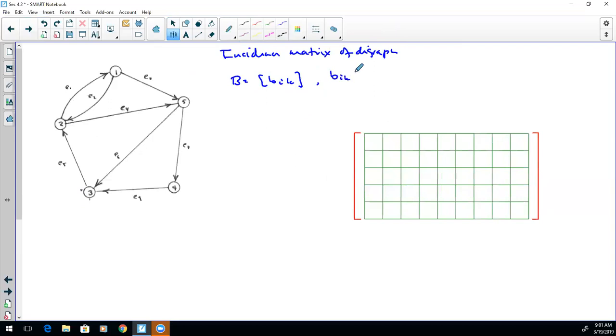And B sub i k is going to be -1 if edge k starts at vertex i, it's going to be +1 if edge k ends at vertex i, and it's going to be 0 otherwise.